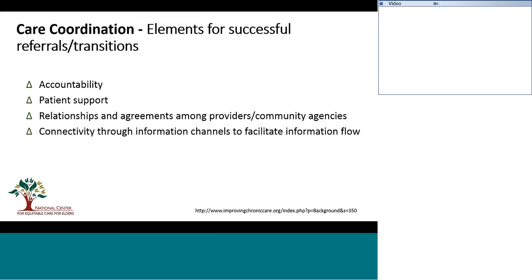And so using this model, as we said, the goal of care coordination is high-quality referrals and transitions.